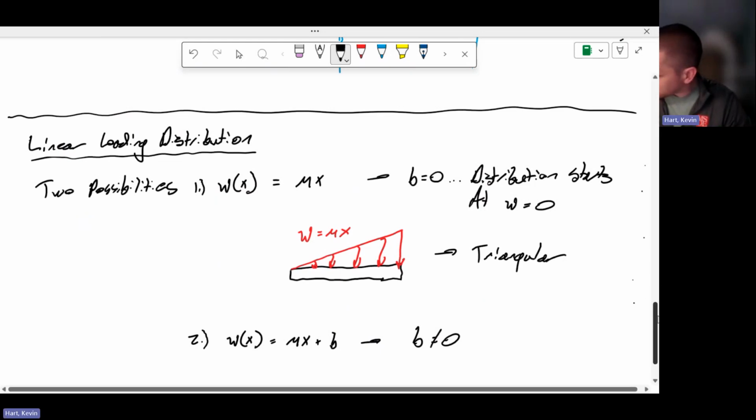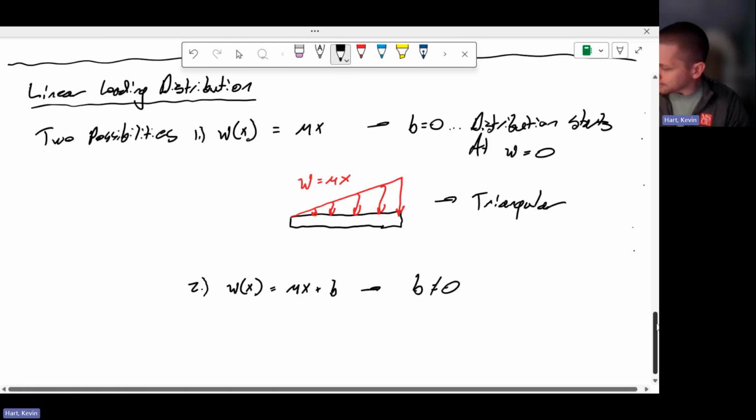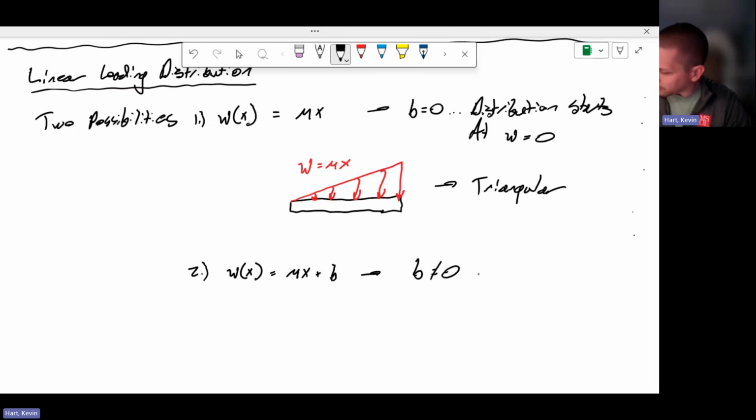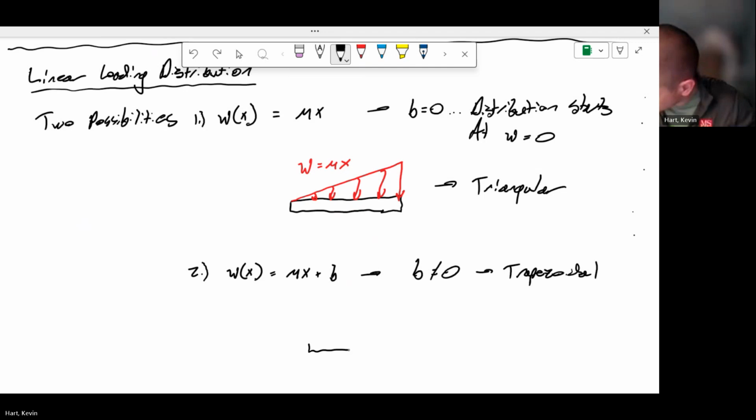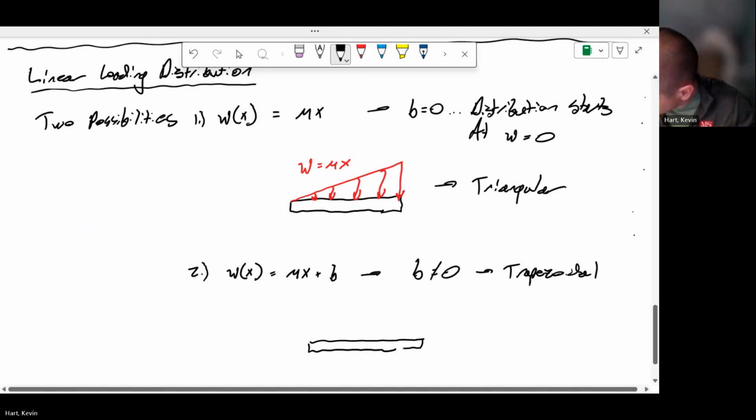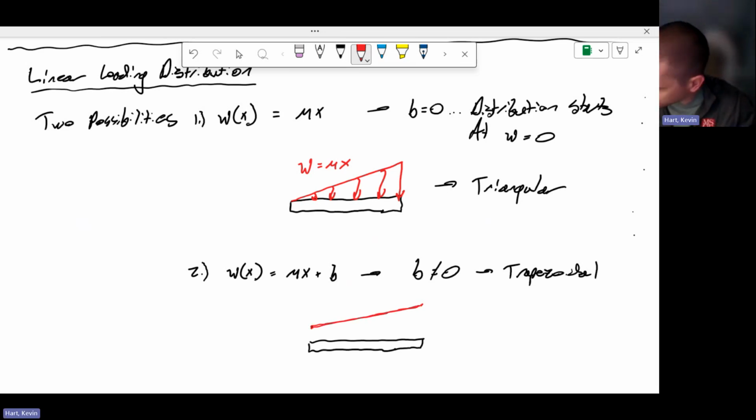And if b does not equal 0, then we have a trapezoidal distribution. If we're not starting at 0, it's going to look a bit like this. It's a linear function, it's just offset slightly.